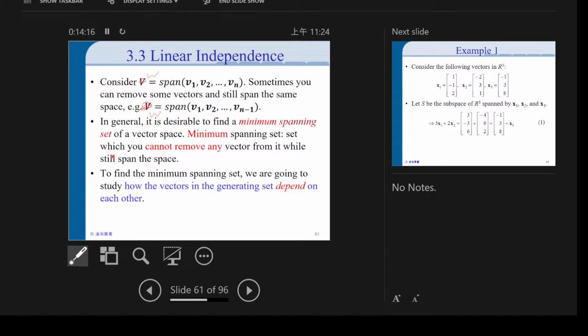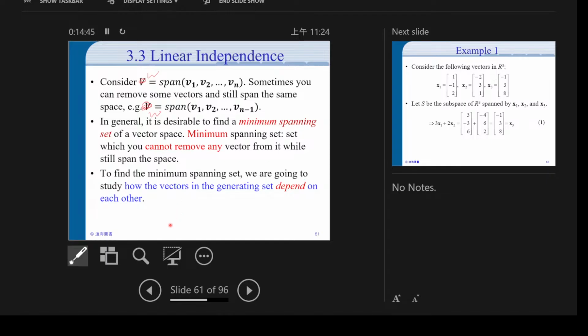Okay, and so we now want to find a minimal spanning set, and it turns out to find a minimal spanning set, you need to find the relation of how the vectors in our generating set, V1 to Vn, linearly depend on each other.